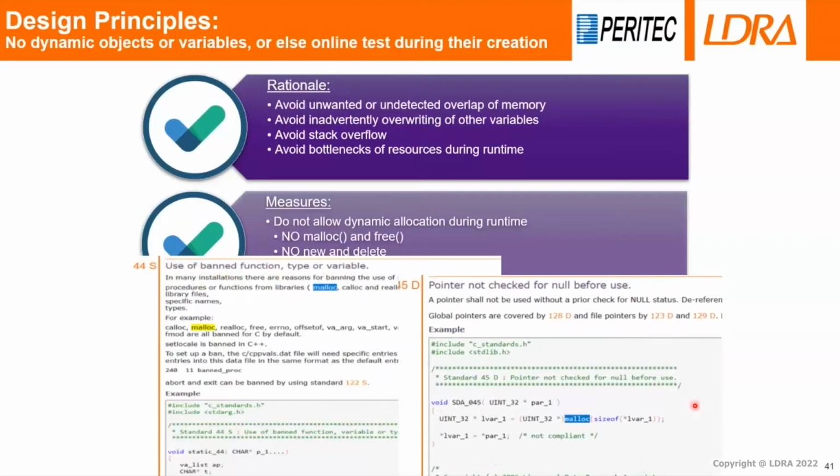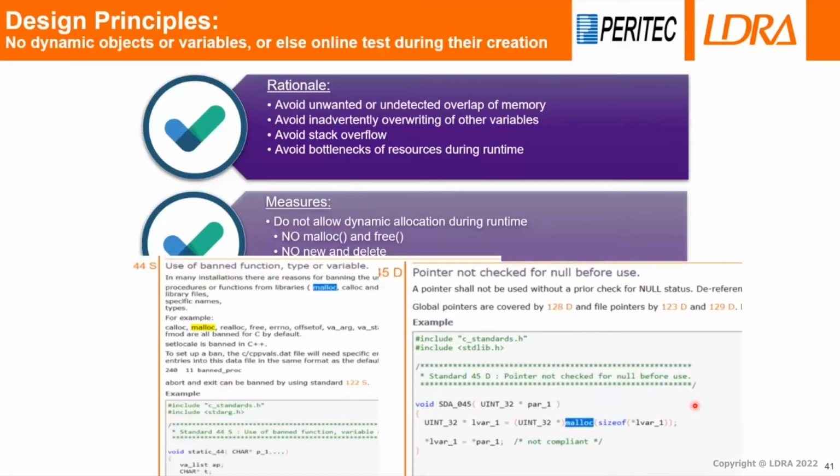You can also see another rule which will support this: pointer not checked for null. Whenever I have a pointer, I need to ensure that the pointer is checked for null before usage. Here I am trying to use it, but before that, I never ensure that it is not pointing to null, so null pointer dereferencing can occur. Because of these reasons, it is highly recommended not to have dynamic objects or variables.